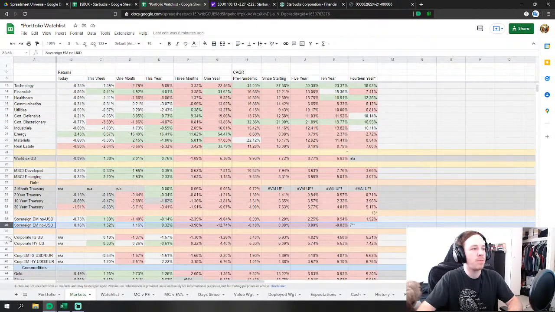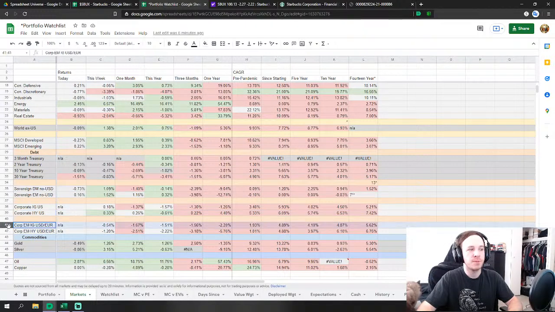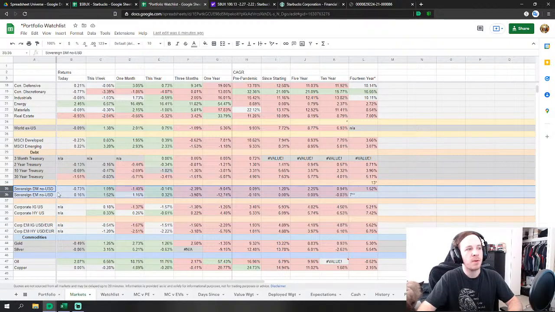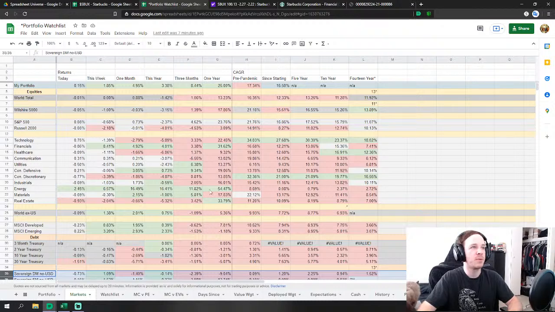And then we have corporate U.S. debt of an investment grade, and then corporate high yield U.S. debt, and then corporate emerging market investment grade, and corporate emerging market high yield. Both of these indices are debt denominated in USD or EUR, while the sovereign debt categories are denominated in non-USD terms. And then I'm working on a commodities section as well, but like I said, it's a little bit of a work in progress, and some of these formulas still need to be worked on.